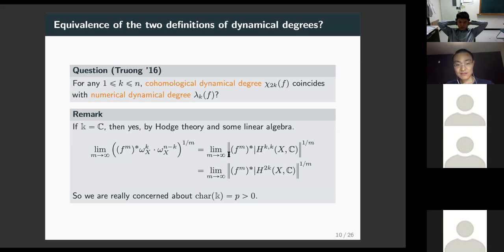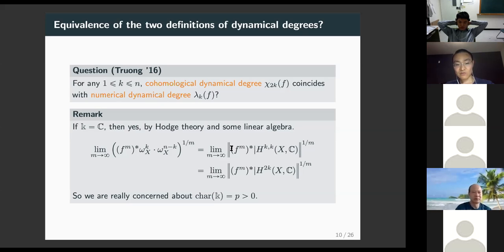So these two are the same just by linear algebra. You fix a norm on this; if you choose a norm, it is not too hard to prove. Okay, and then these two are the same.